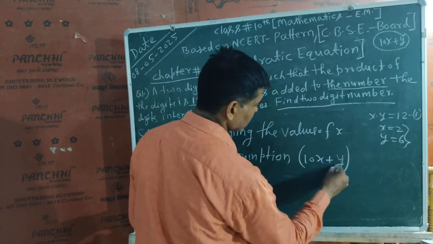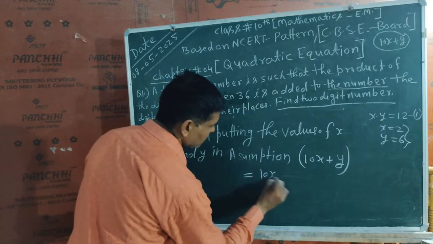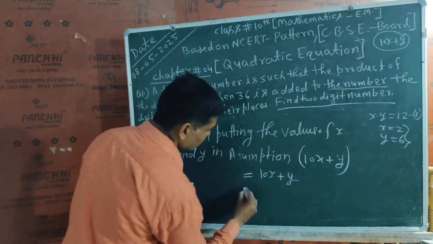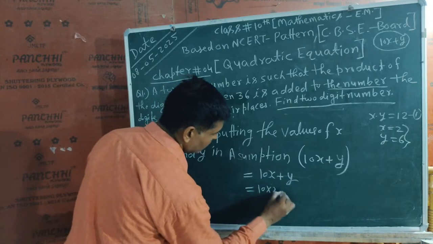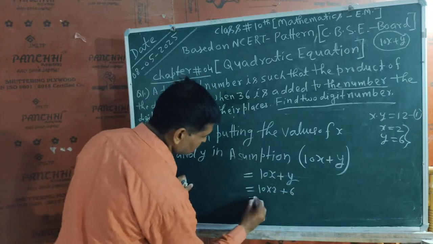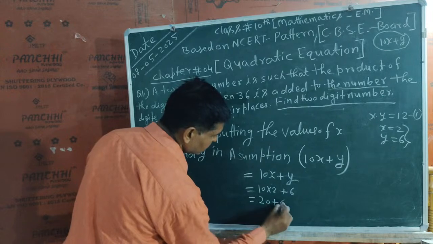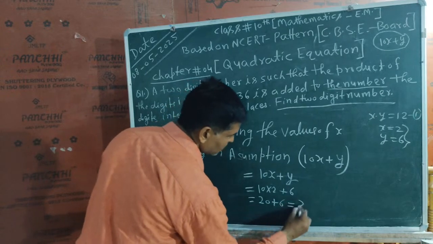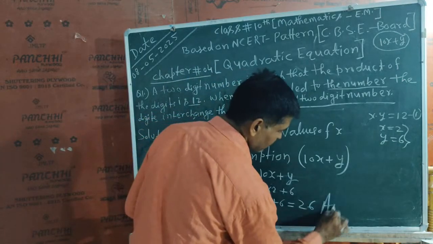In assumption 10x plus y. Now further I have to write 10x plus y. The value of x is 2, so 10 into 2, and the value of y is 6. So here I have to write 6. 10 into 2, that will be 20, and plus 6. So it will be 26. So this is the final answer of my question.